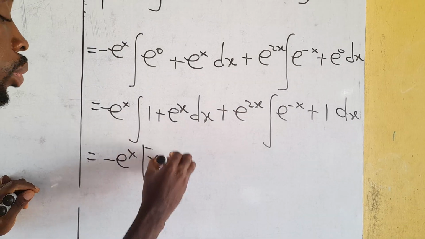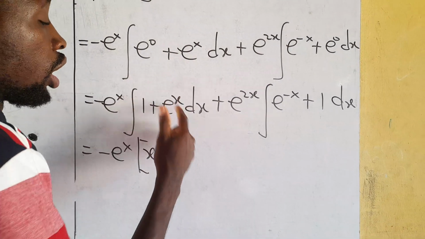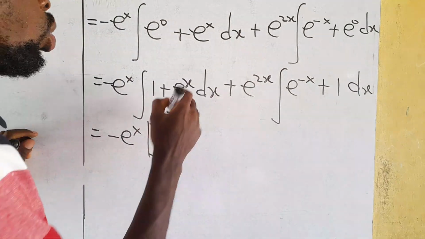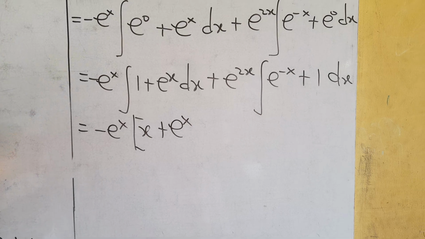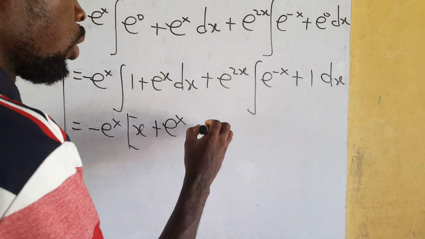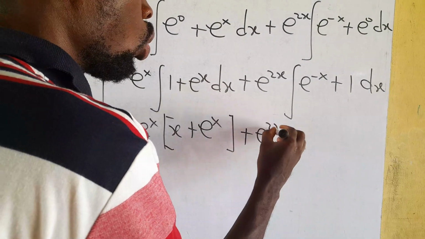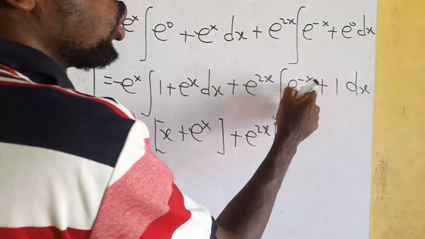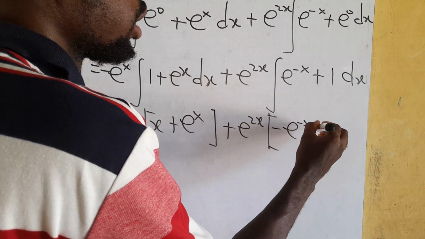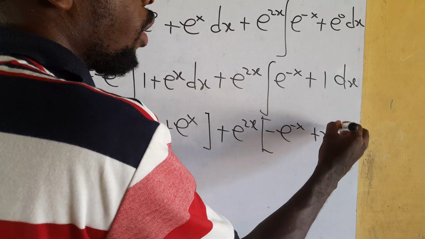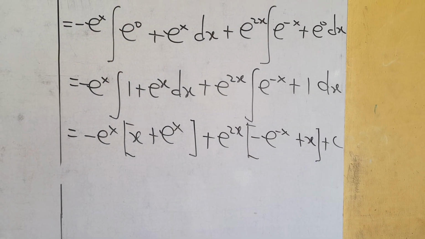When we integrate e exponent x, remember the integration of exponential functions, we just differentiate the function and use it to divide. So when we differentiate x, it is 1. When we use it to divide, we still get that. So then plus e exponent 2x times, the integral of this will be minus e exponent negative x, then plus our x, then plus the constant of integration.